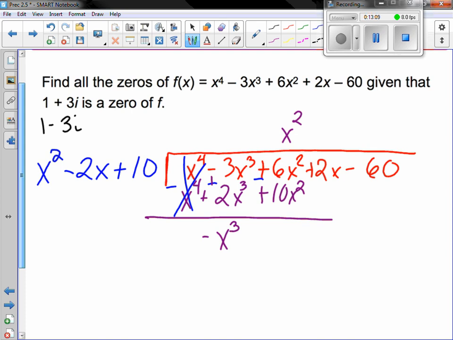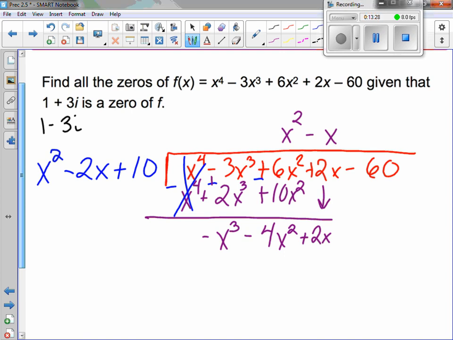Negative 3 plus 2 is negative 1. 6 minus 10 would be negative 4x squared. Bring down the 2x. Then we'd have what? Minus x, because negative x times x squared gives us negative x cubed, yes? Negative x cubed. Negative x times negative 2x would be plus 2x squared.